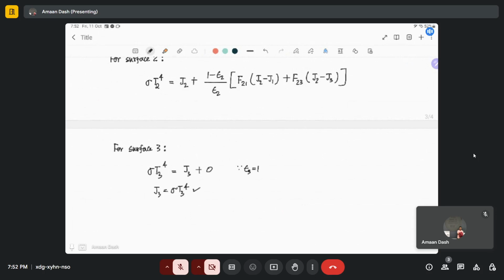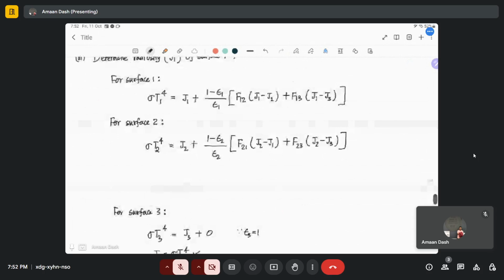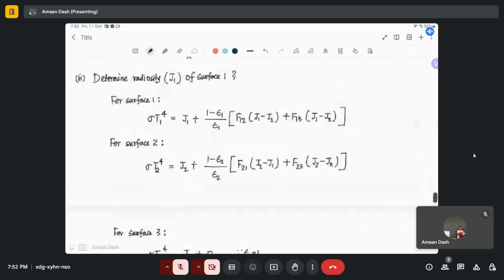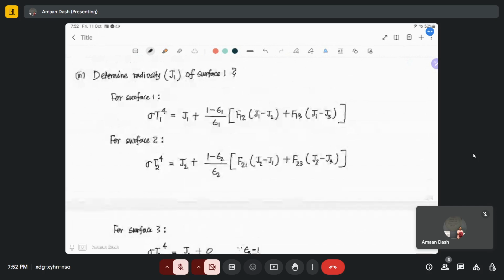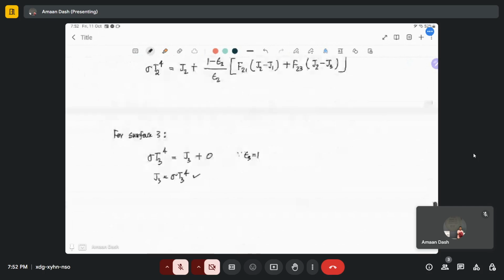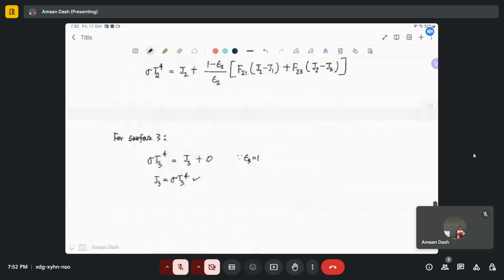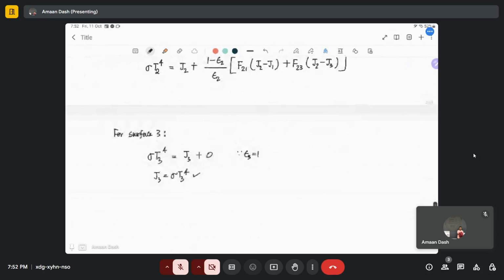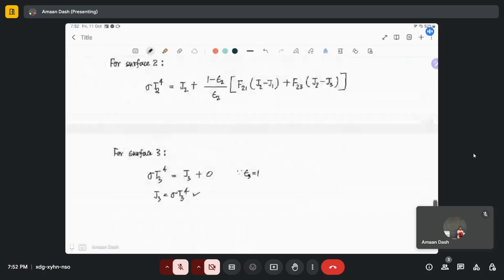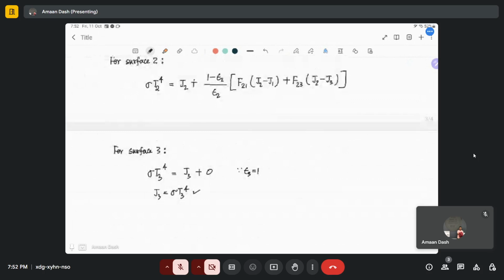Similarly, for surface 2, we can write sigma T2 to the power of 4 is equal to J2 plus (1 minus epsilon 2) divided by epsilon 2.